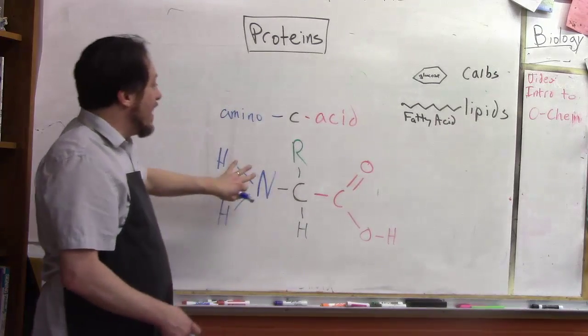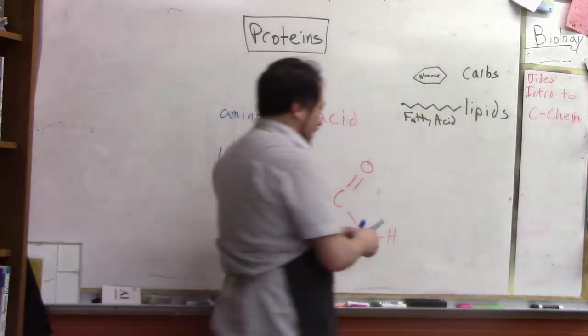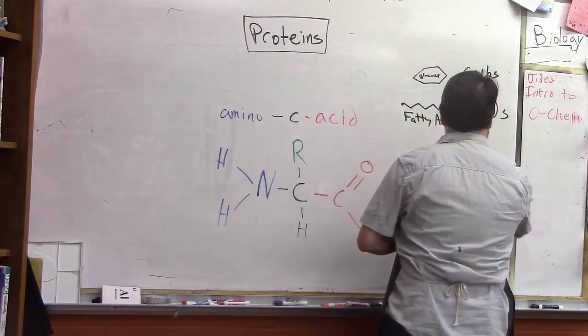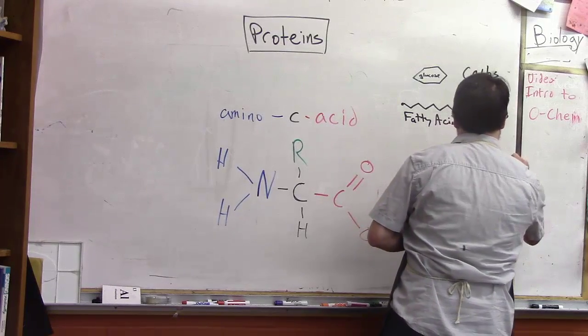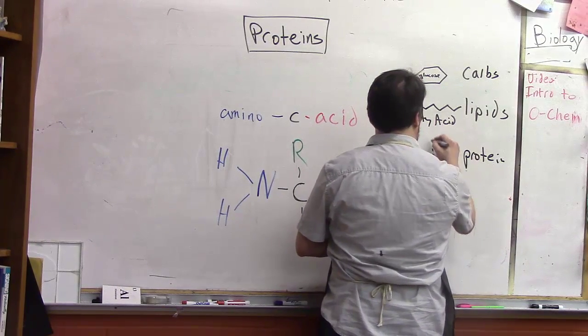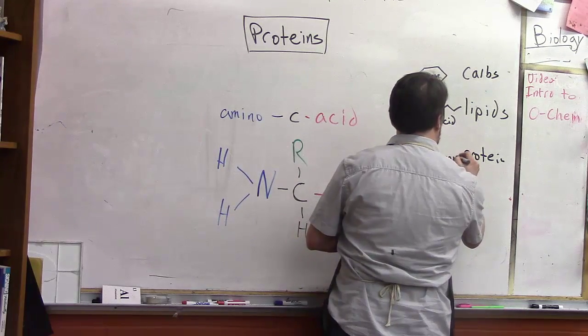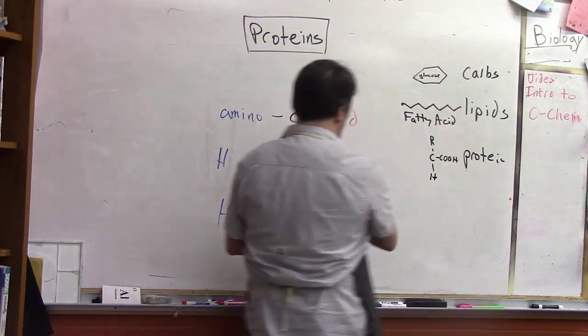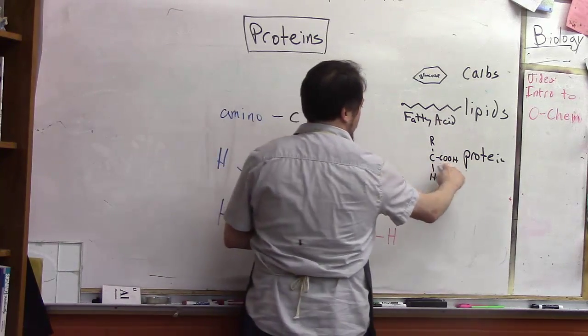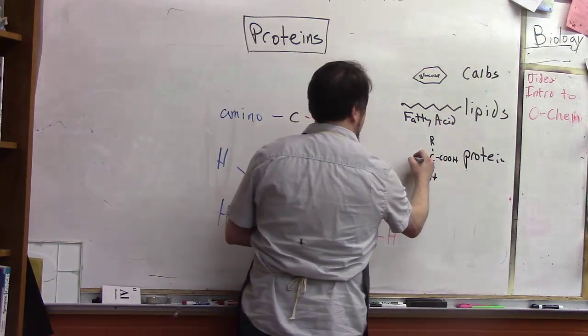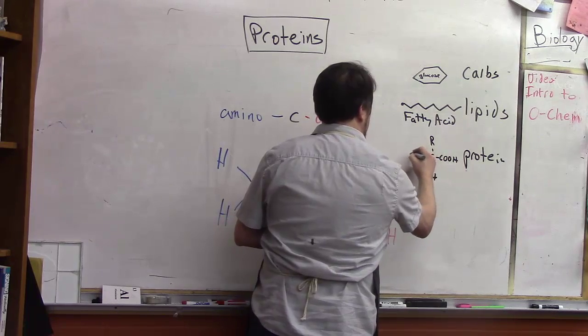You'll have to recognize it. So let me put it over here: protein. C R H C O O H. That's the way you abbreviate this whole thing. You can just write it like that, and you can write NH2.